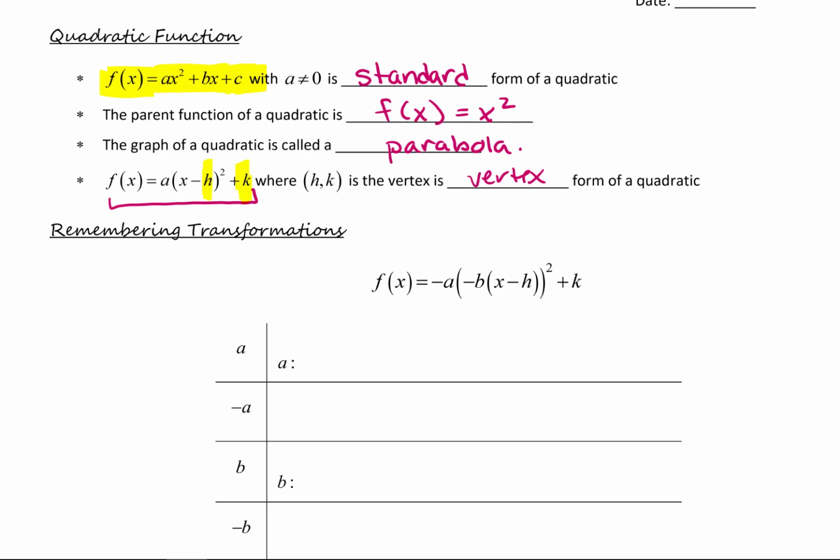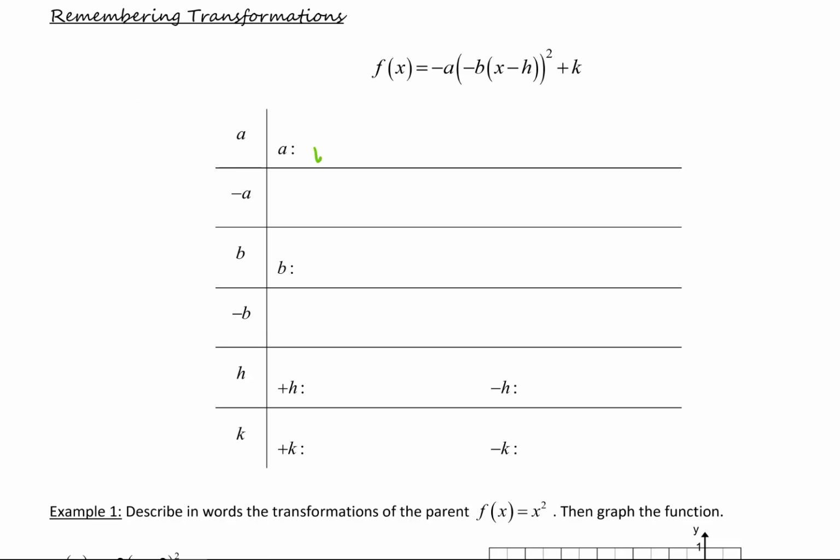So h and k are the new vertex, where in the parent function, the vertex begins at 0, 0. A is a vertical dilation by whatever the value of a is.